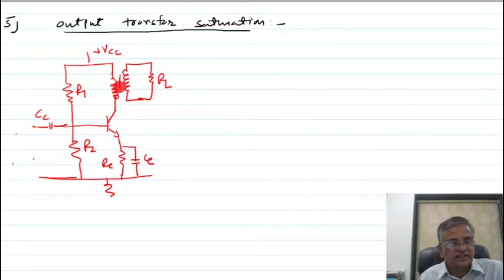So flux is associated with the primary, and this flux depends upon this current. This collector current is called the magnetizing force. It magnetizes this coil, so therefore this current is called the magnetizing current.